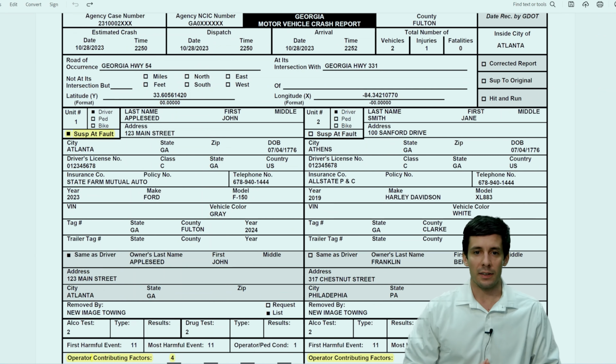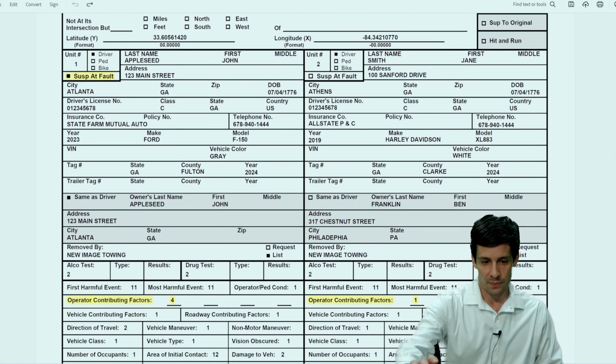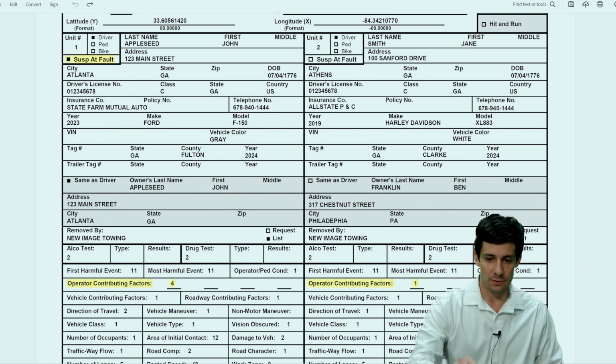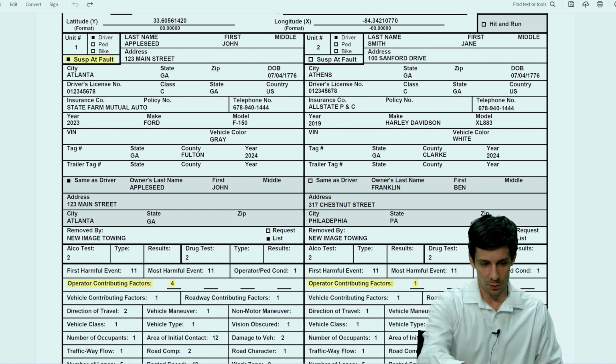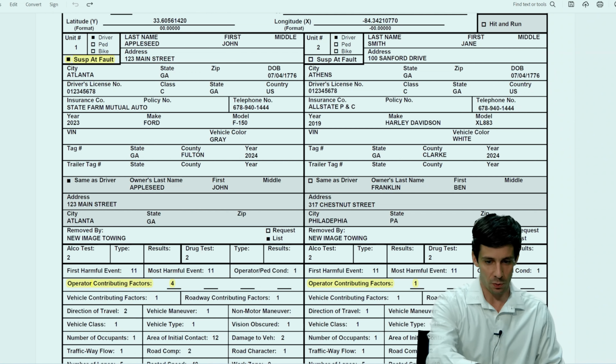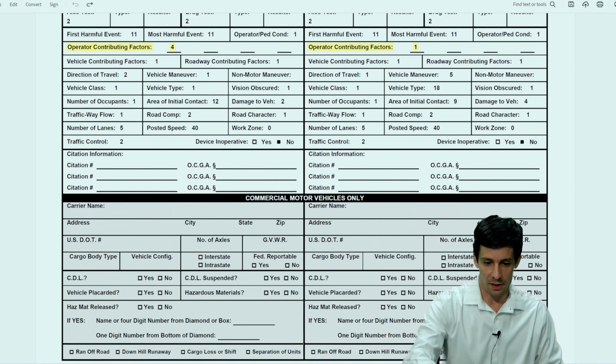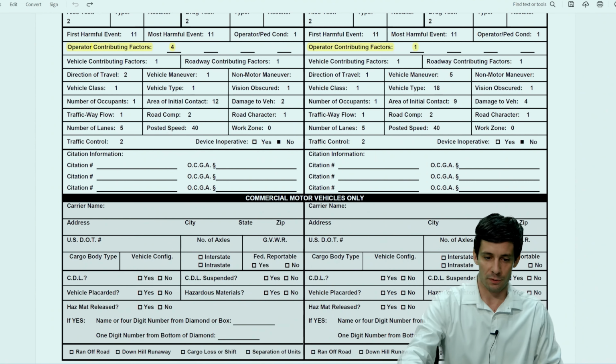Usually this is taken from dispatch records. Then you have, of course, the driver's information, pretty straightforward. The vehicle information, insurance, that's always an important thing to look for as lawyers. And, of course, if the case involves a commercial motor vehicle, there's going to be some more information below.